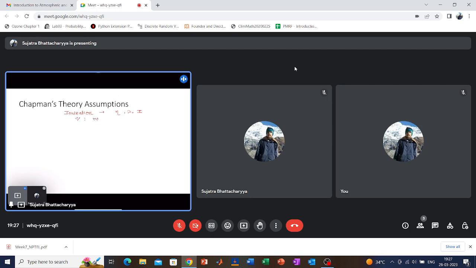Q is the rate of production, Qm is the peak production rate, and third is Hm, the height of the peak production. These three things are important.